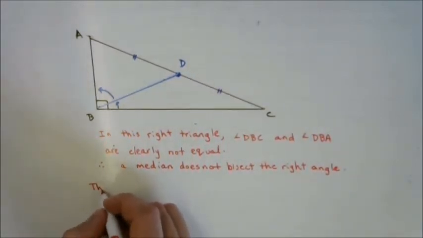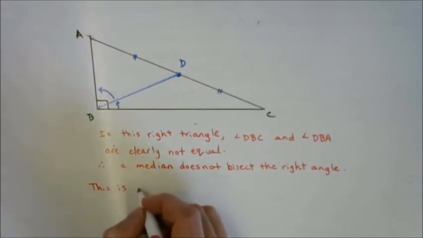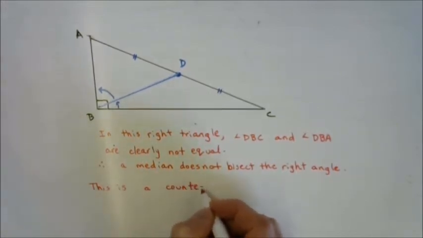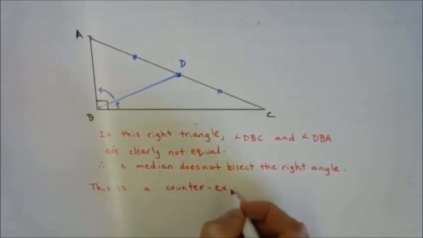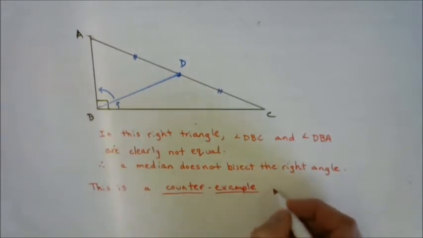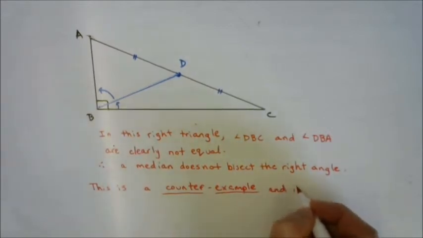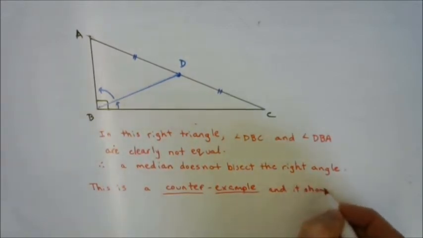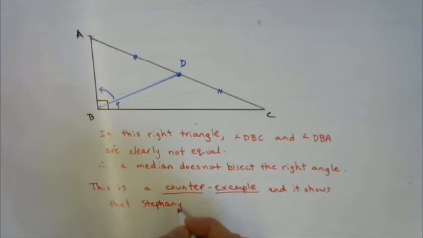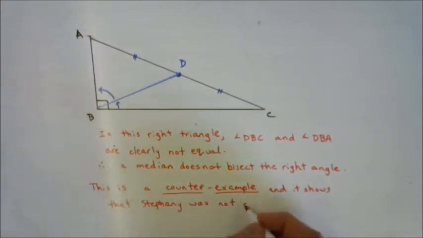And then we should write that this is a counterexample. You can underline that word. And it shows that Stephanie's conjecture was not correct.